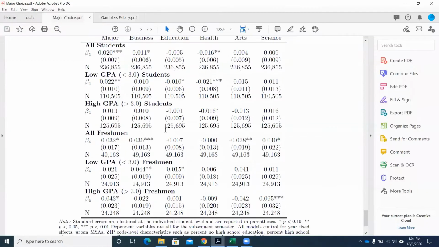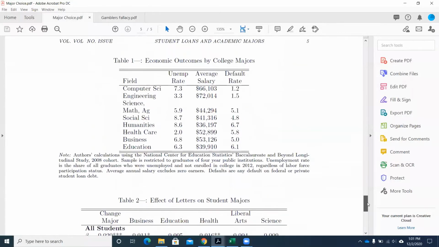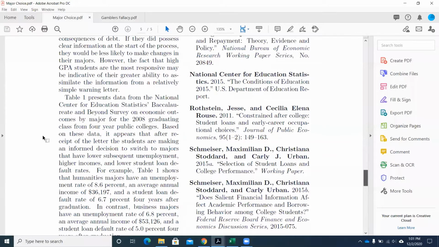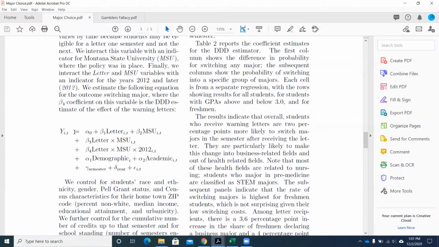So I'll start with this major choice one because we left off last class and I thought that it was within the paper, and it was actually a completely separate paper. But it has, once again, written out for us this idea of they were giving a letter to students at Montana State after the year 2012.